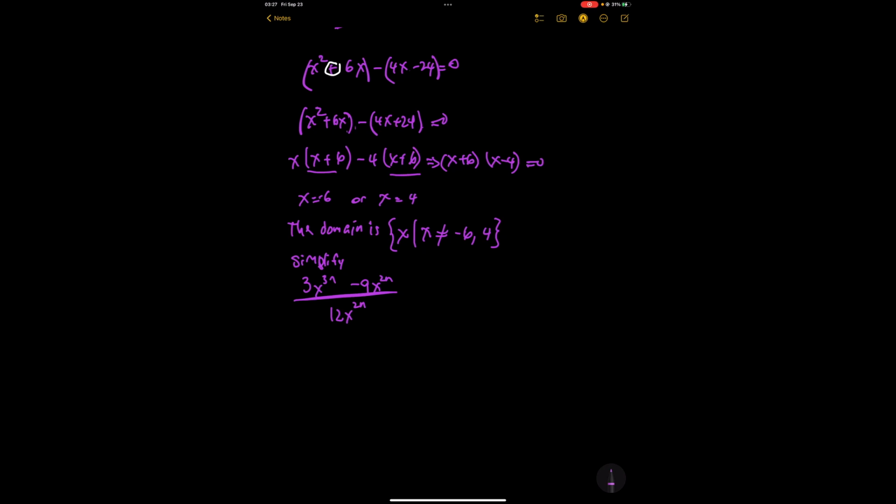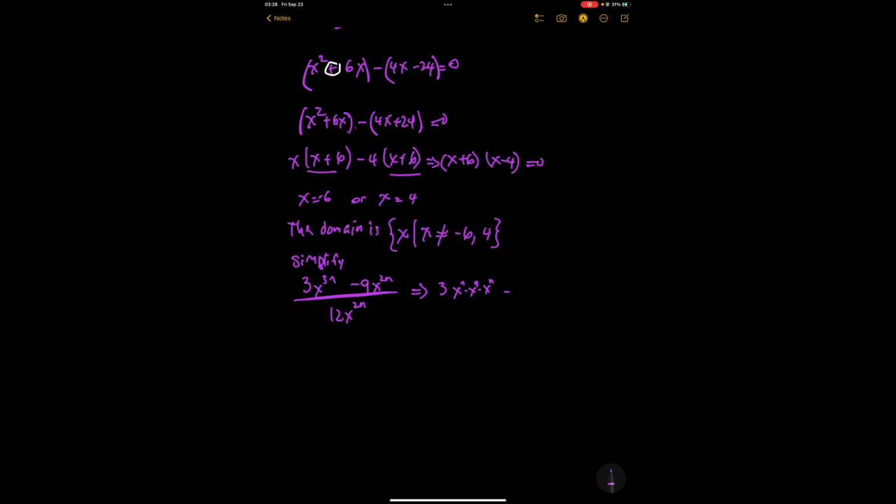Well, very simple. We did that earlier in chapter 5, when we talked about polynomials, and we learned that the first thing you have to do, guys, is break it down. So what is x to the power of 3n? It's x to the power of n times x to the power of n times x to the power of n, minus 9.